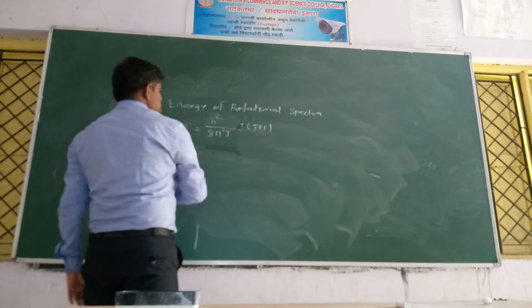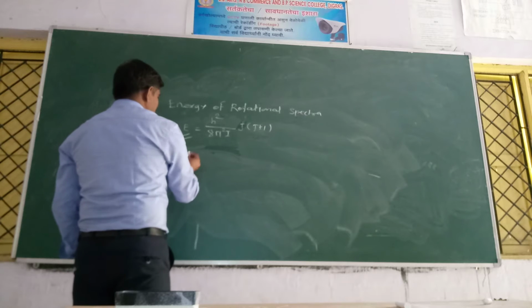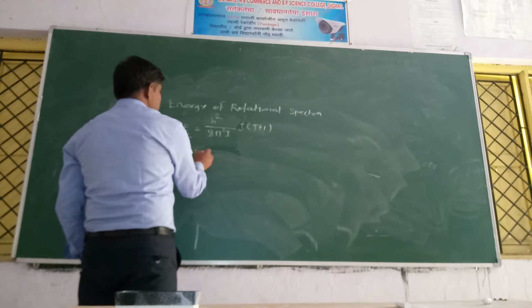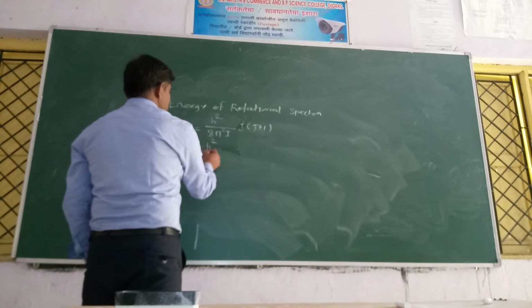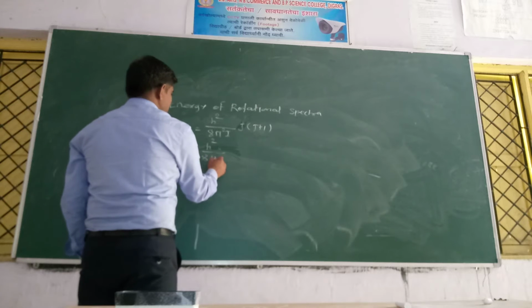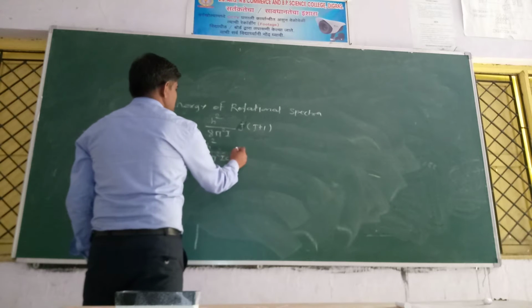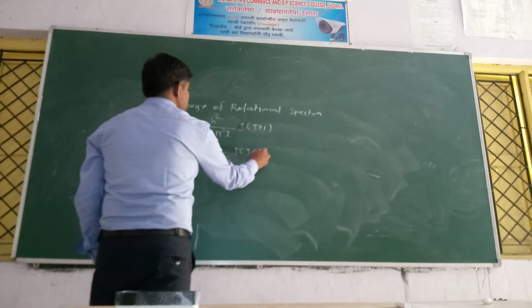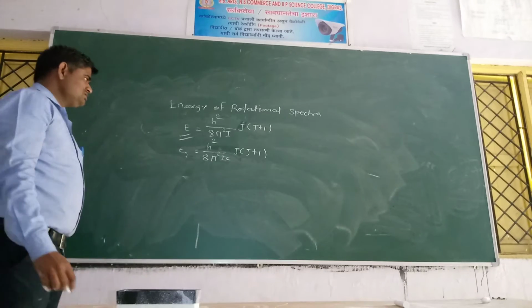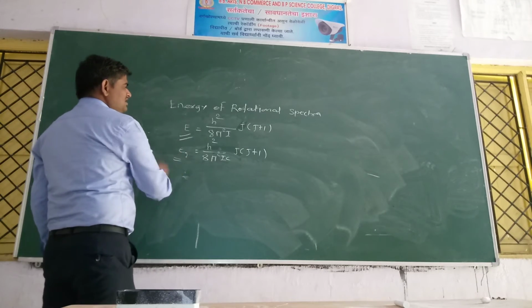Then the rotational energy is equal to h square over 8 pi square I C, times J into J plus 1. This is the rotational energy.